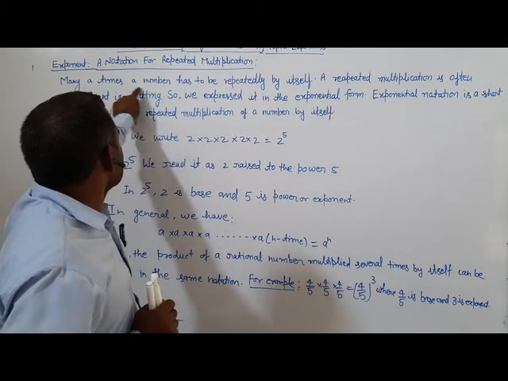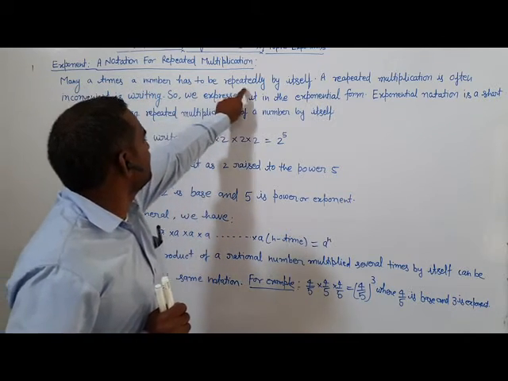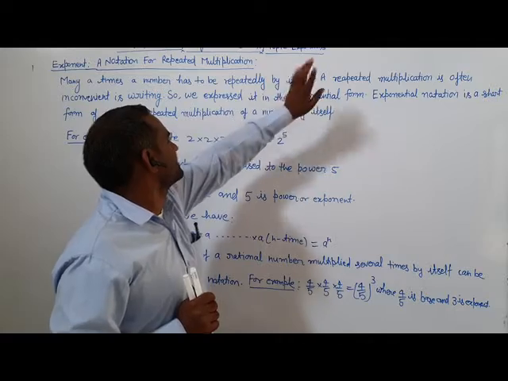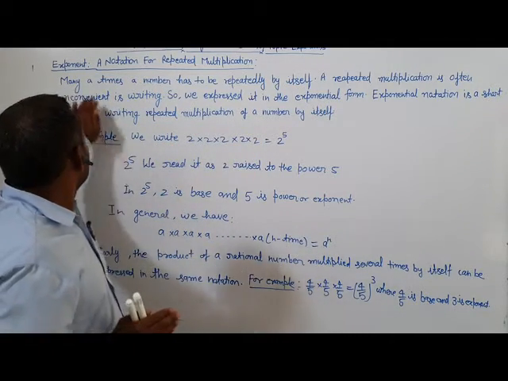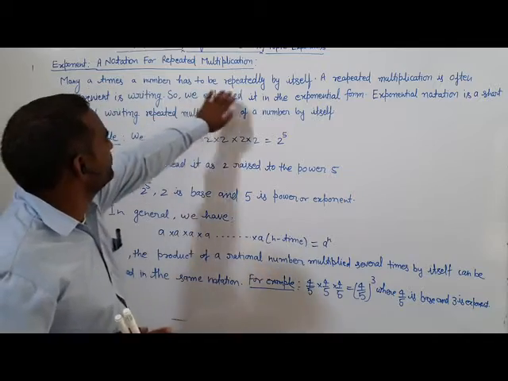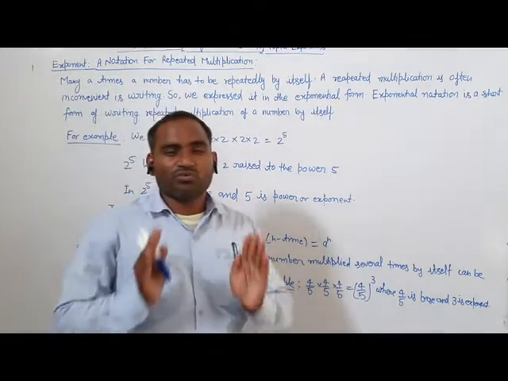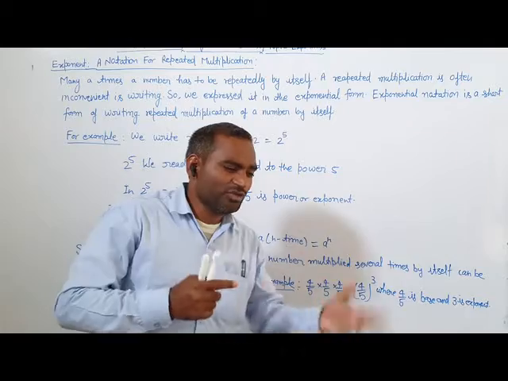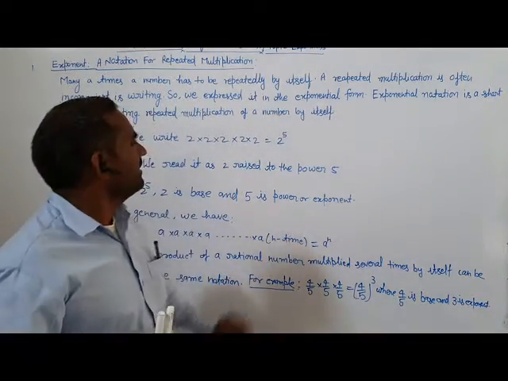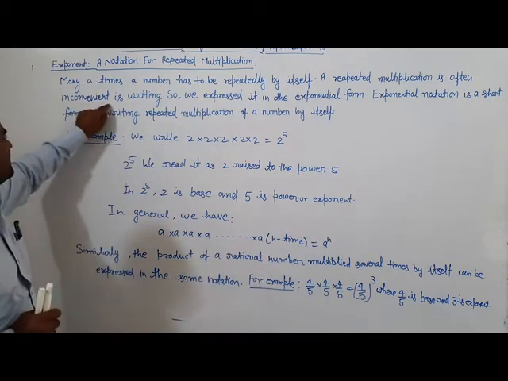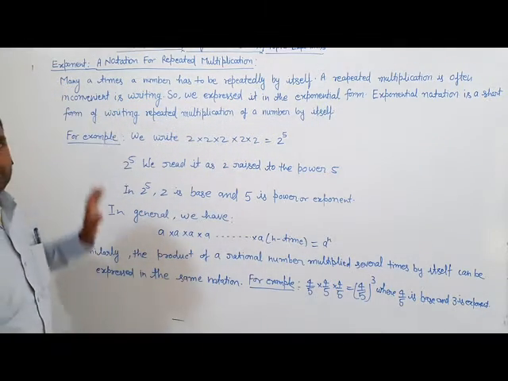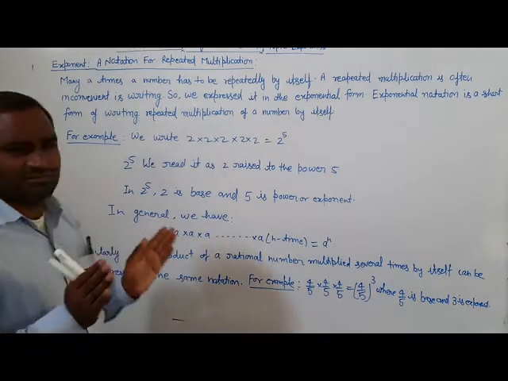Here a number has to be repeated by itself many times. A repeated multiplication is often inconvenient. It is not suitable.